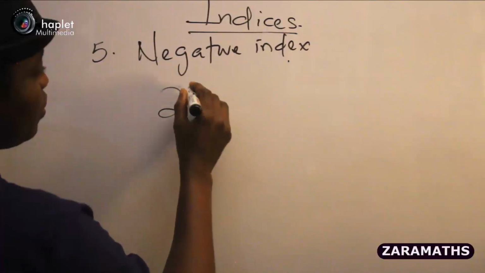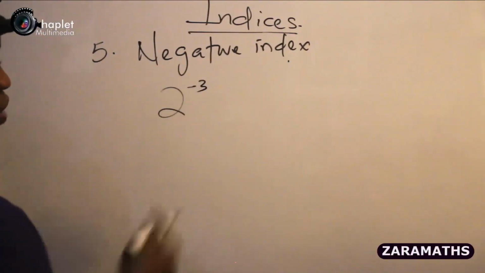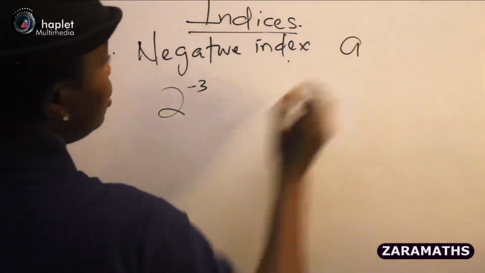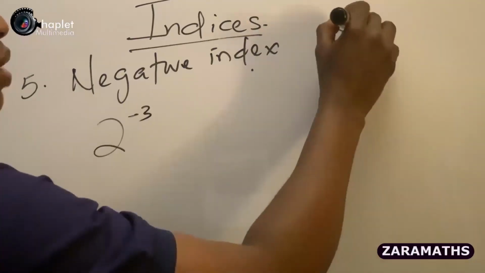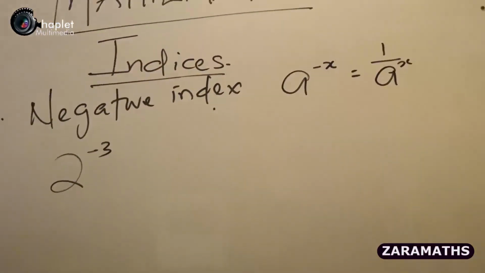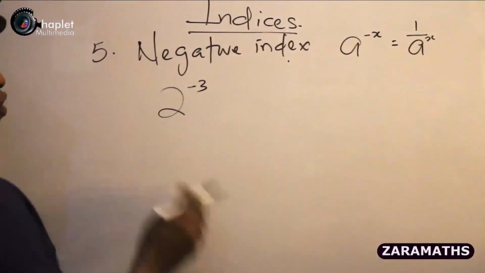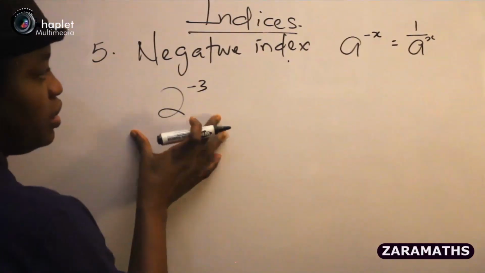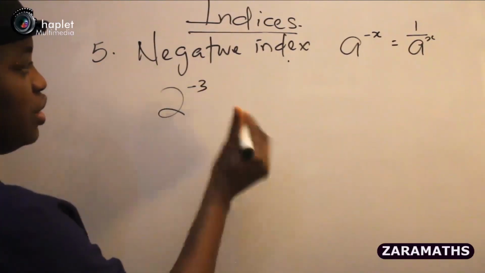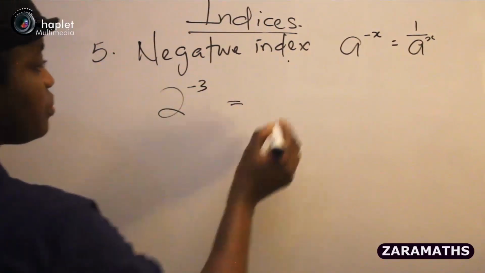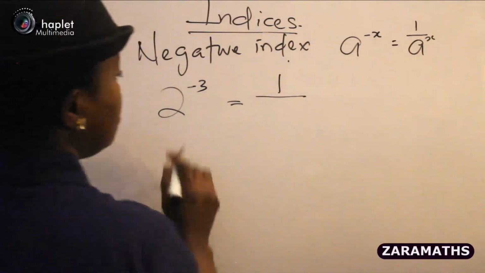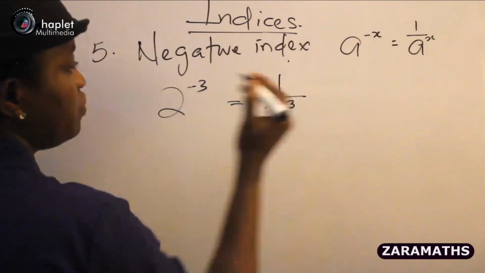Having 2 raised to the power of minus 3, for example, how do we solve this? Applying the law, a raised to the power minus x equals 1 over a raised to the power x. So if you have an expression with the base raised to the power of a negative, it becomes 1 over 2 raised to the power of 3.